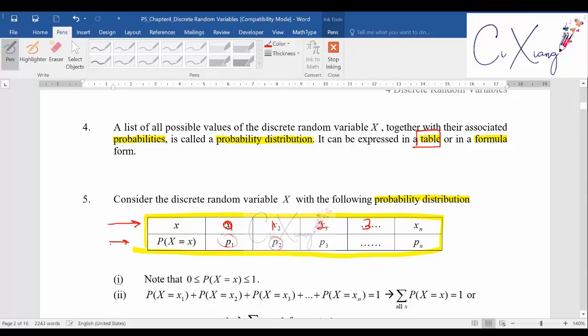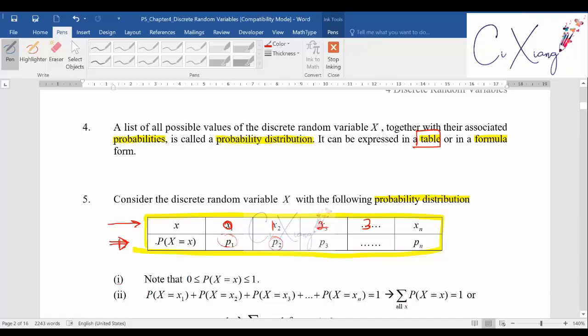This is a very important part. Listing out the values is easy, and then you need to think how to find the correct probability. This is the part that students usually feel is quite challenging.